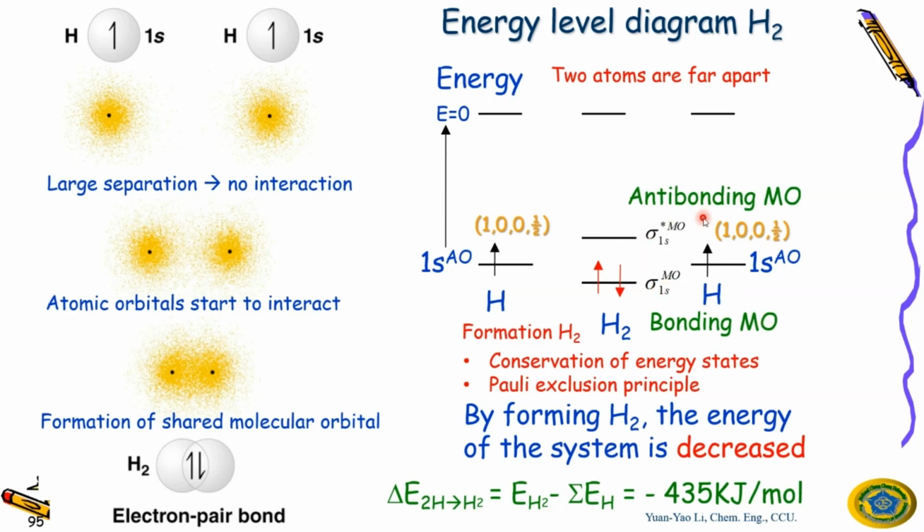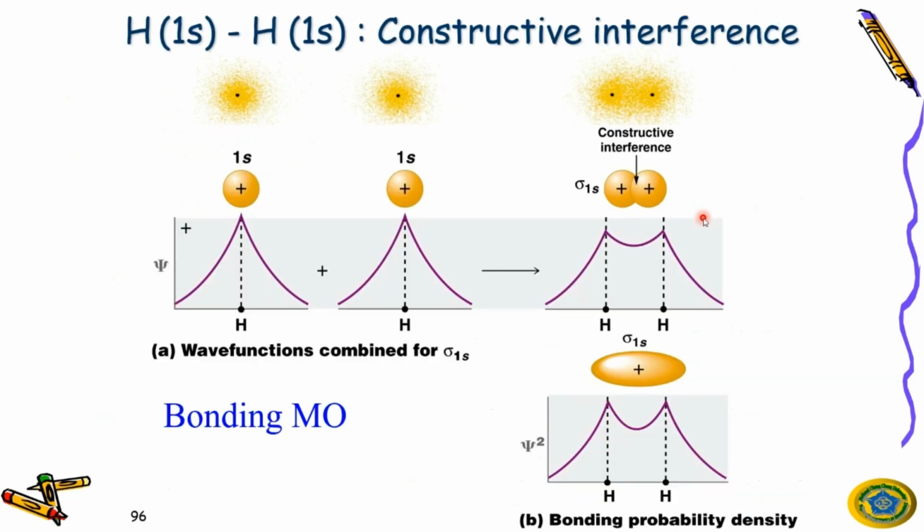So how do they look? When two orbitals get together, as you know, you have constructive interference. This is the bonding molecular orbital. For 1s and 1s, this is constructive interference, and we have the bonding molecular orbital.